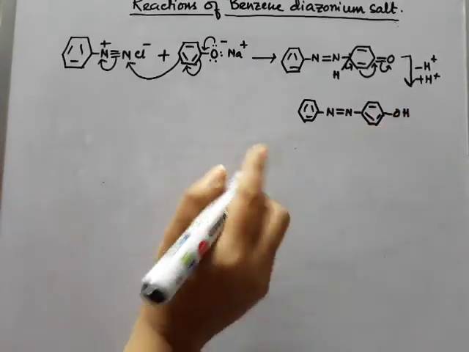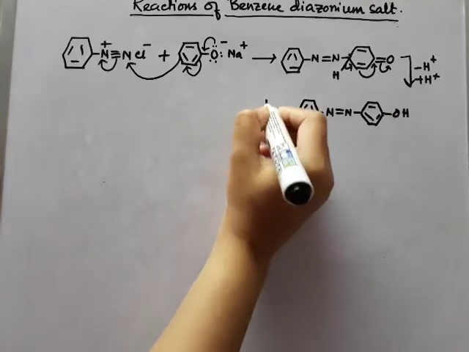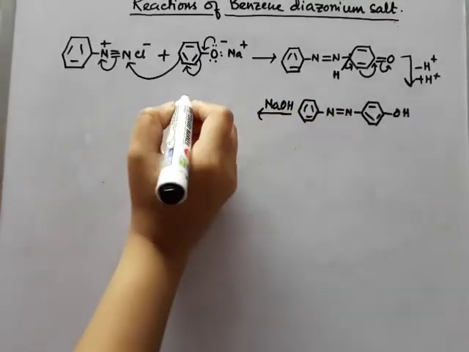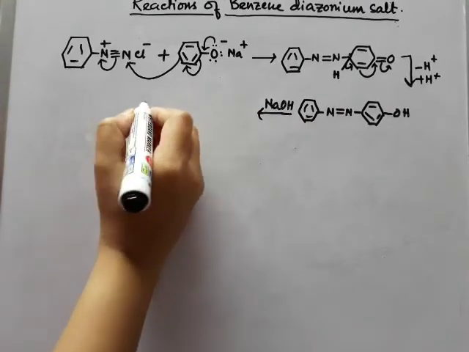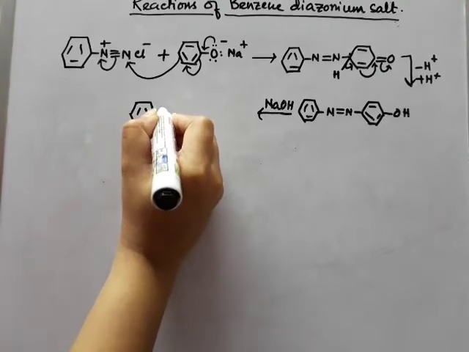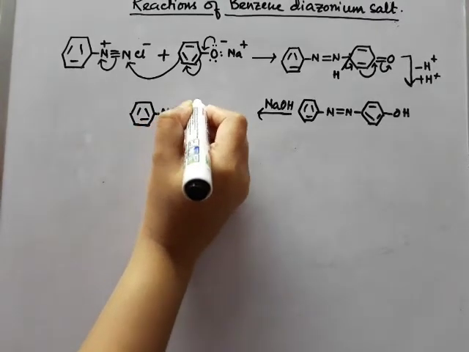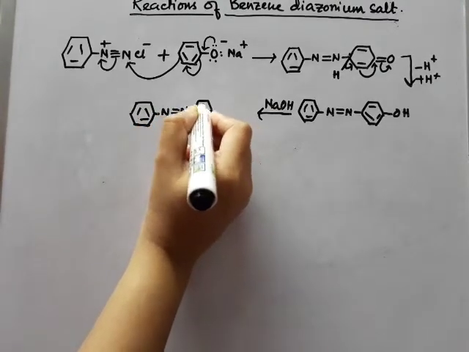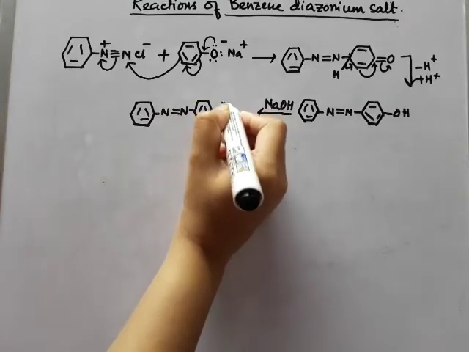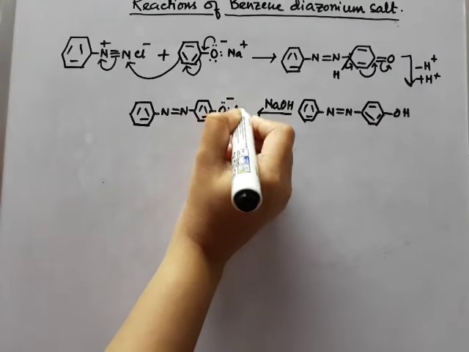Alkali is present in the medium and we have taken NaOH, so we are getting O- Na+.